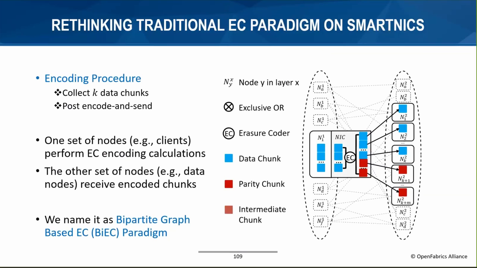A cluster using this paradigm can be split into two sets: one just does the EC, and the other does the receiving. If we consider the cluster as a graph, we label it a bipartite-graph-based EC paradigm. So basically, the traditional EC paradigm on SmartNICs follows this bipartite graph architecture.